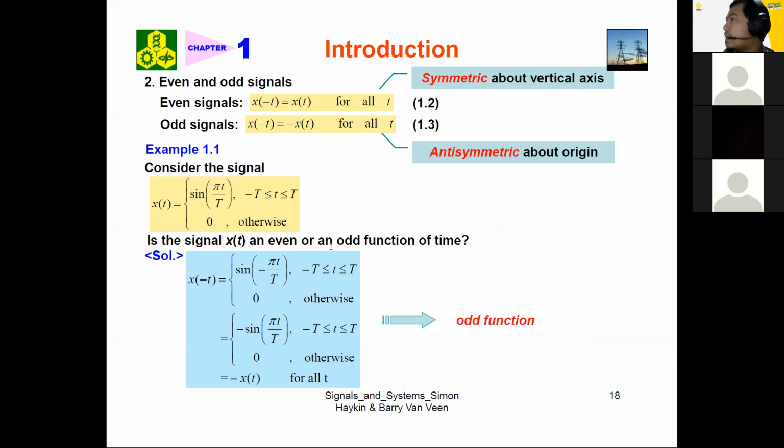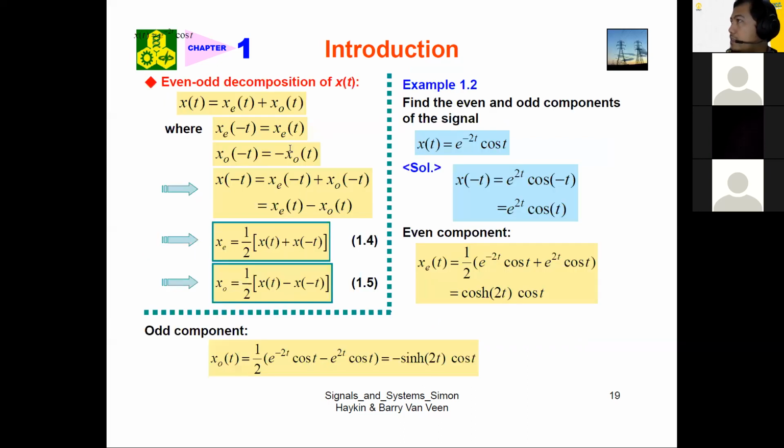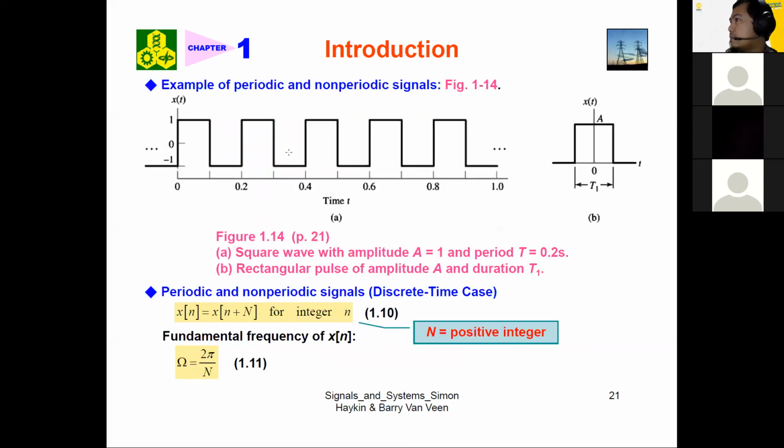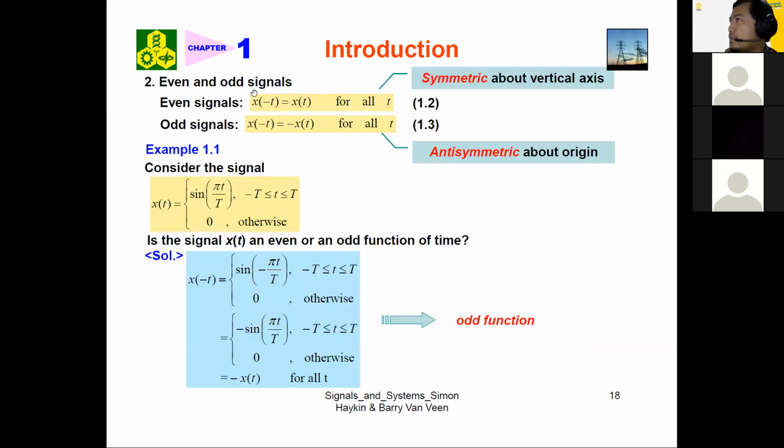Another classification of the signal is even and odd signal. Even signal means, you can see here from the mathematical expression of an even signal.